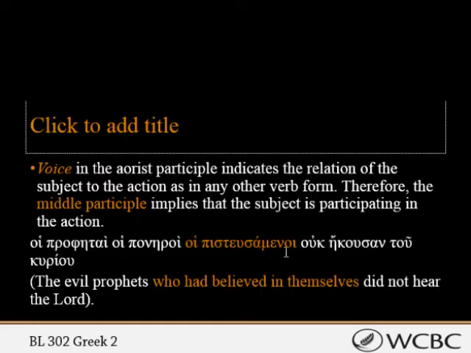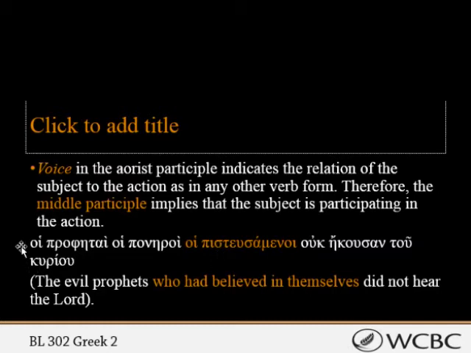So these words, because they all have the ending, a nominative masculine plural ending, we would have to say that these are somewhat working together. We just have to identify how it's working together. Because the participle has an article in front of it, we would say that this would be functioning attributively. And it's going to be more descriptive in its function within the sentence.